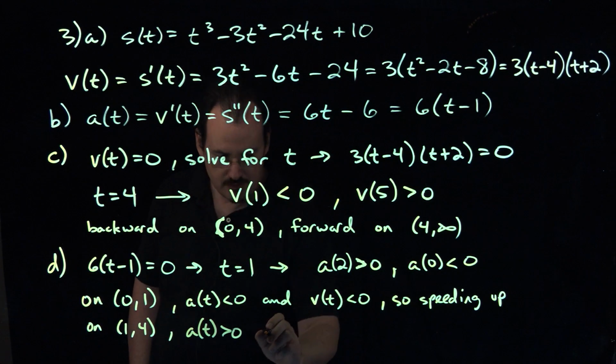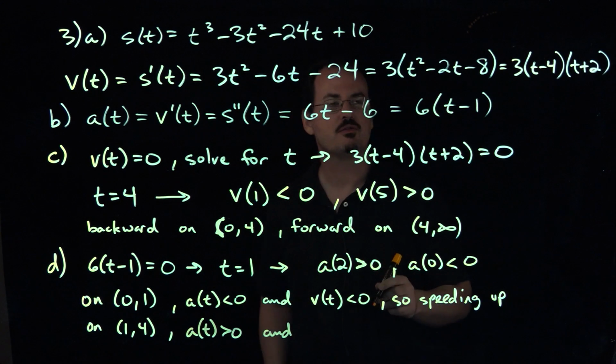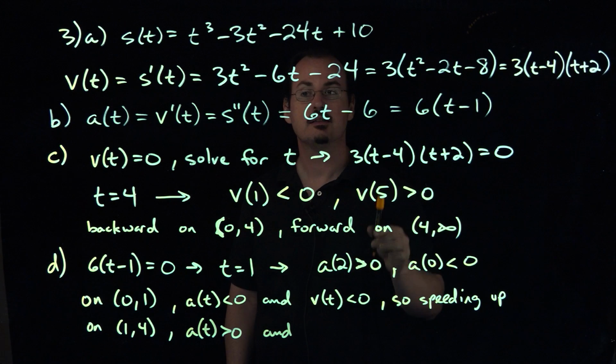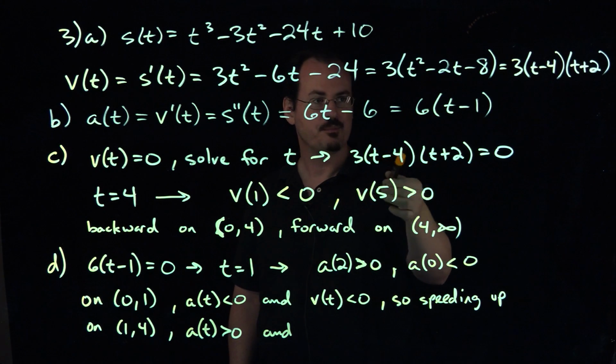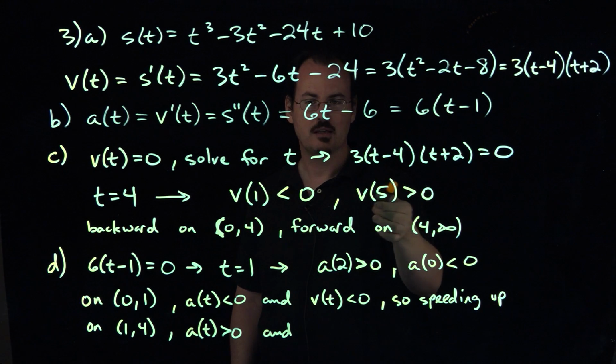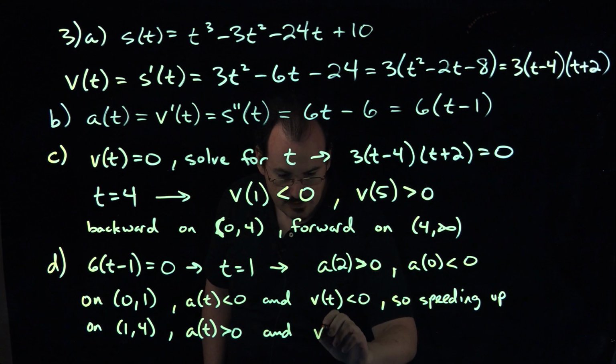And what else? From 1 to 4, what sign did the velocity have? Well, it hasn't changed, right? Up until 4, from 0 to 4, it was always negative. So the velocity is negative still. It hasn't changed.